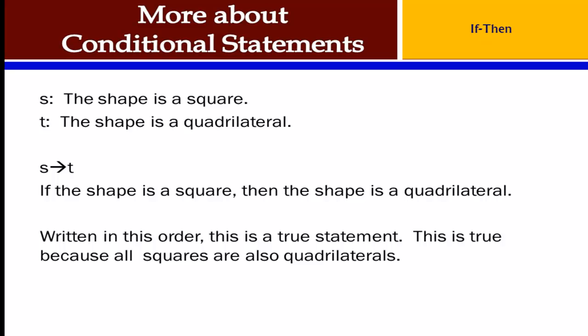And it just so happens that this happens to be a true statement. Again, we're not so worried at this point about the truthfulness or the falseness of this statement. We're really concerned about how to write the statement in symbols. So if S, then T is written S, right arrow T, and it means if the shape is a square, then the shape is a quadrilateral.